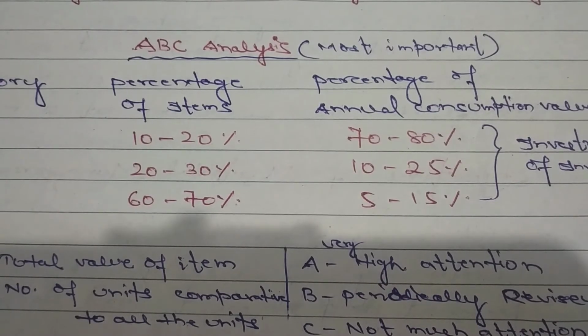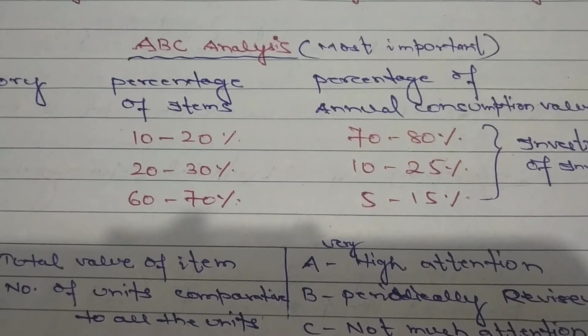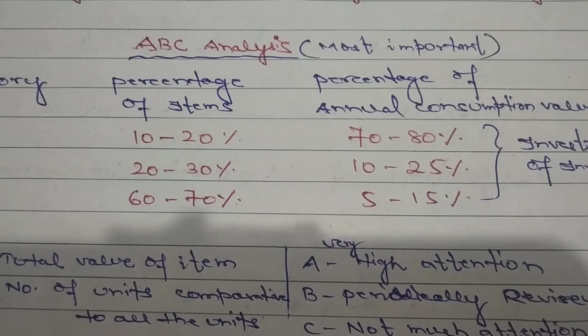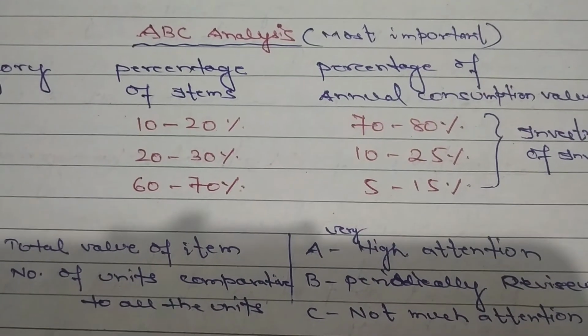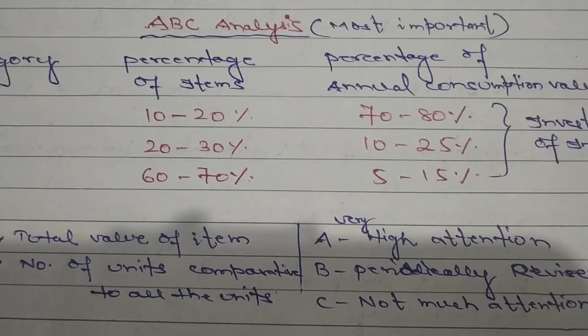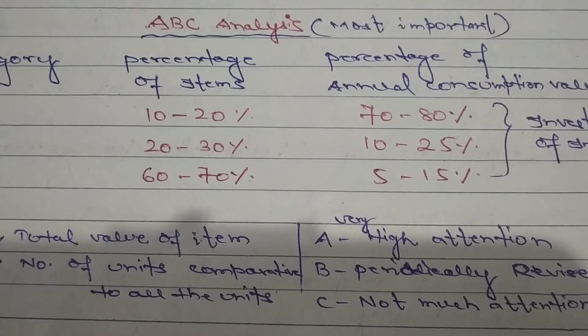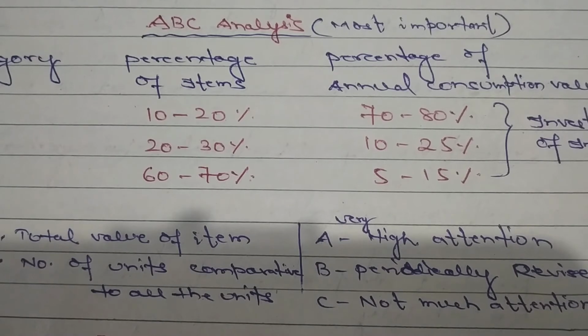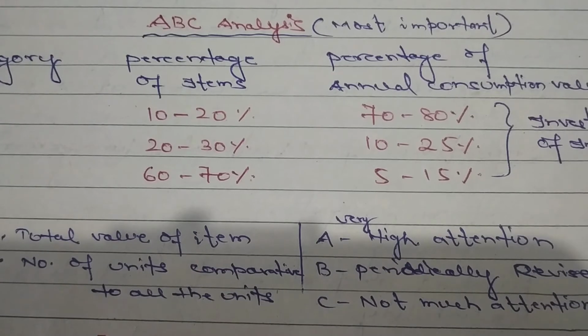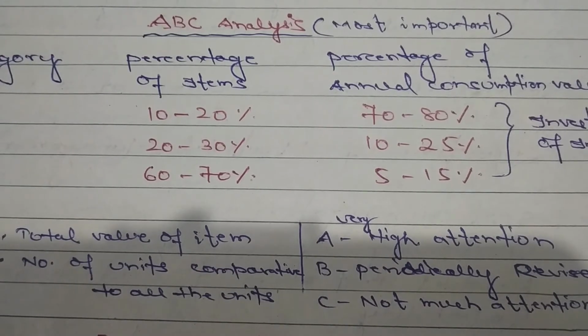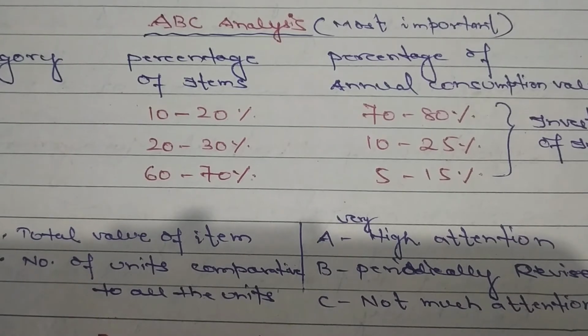So you have to categorize each and every item into three categories, A, B and C, on the basis of total item value and number of units compared to all units. So as I told, 100 items are there and the inventory value is 1 lakh. In that case, you will have to segregate each item and make a descending order of the item details based on value.